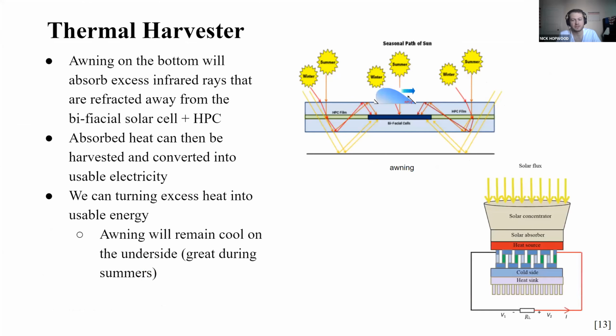And then for the thermal harvester, this is still optional. We haven't figured it out exactly, but the idea behind it is that the rays that would not be absorbed by the solar cell would be absorbed by the awning and would not be reflected by the top of the awning. And then the bottom of the awning would still be cool.